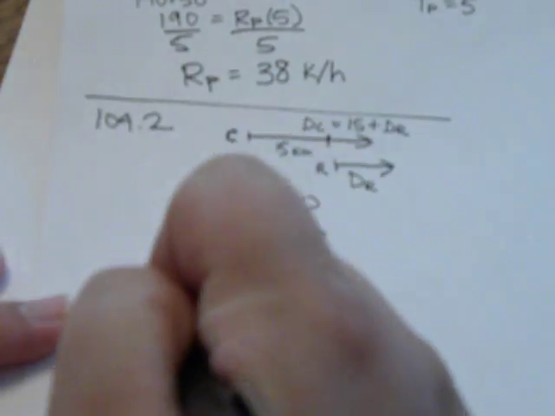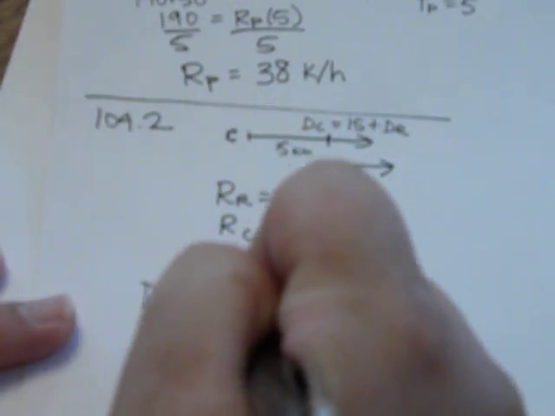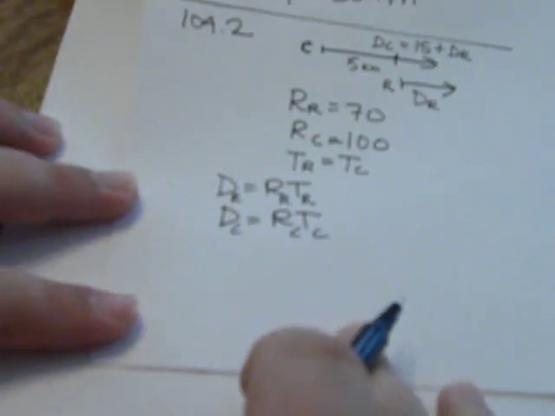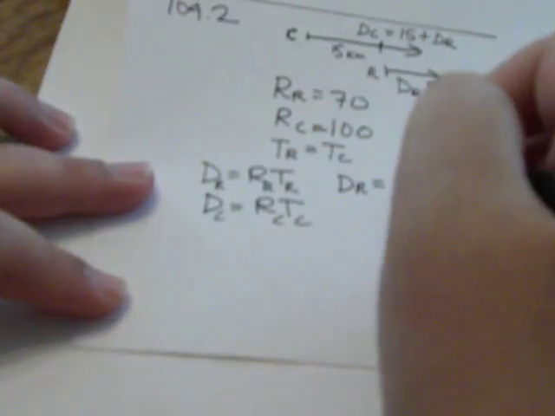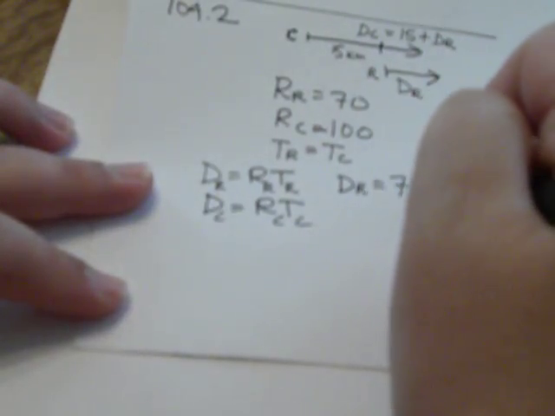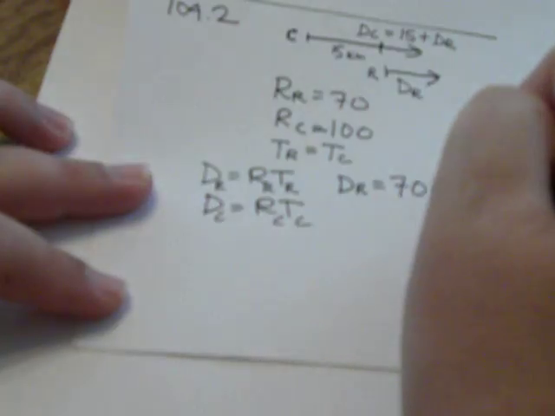So let's do distance equals rate times time, and plug in Rachel and Charlene and what we know. Distance of Rachel is equal to the rate of Rachel times the time of Rachel.